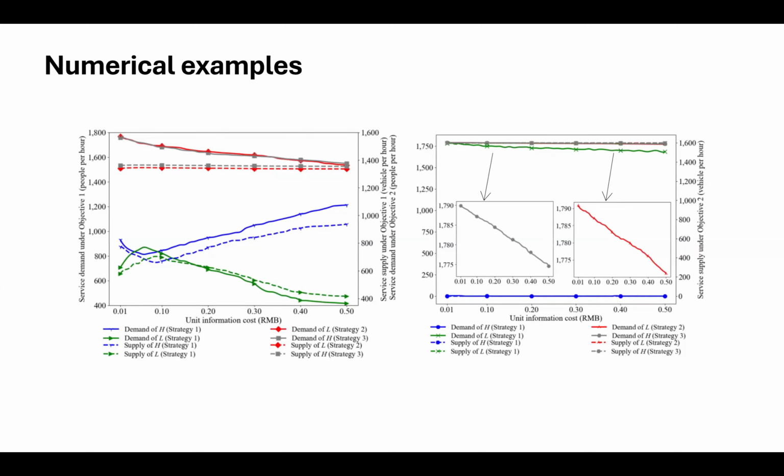It is worth noting that when the information cost is high, even though price is decreasing and the commission rate slightly increasing in strategies 2 and 3, the growing information barrier prevents passengers from accurately evaluating survey quality, which in turn reduces their willingness to use ride-hailing survey. This leads to a slight decline in demand, longer matching time, and an eventual reversal in the initial growth of supply, resulting in an overall decline in both supply and demand under these two strategies.